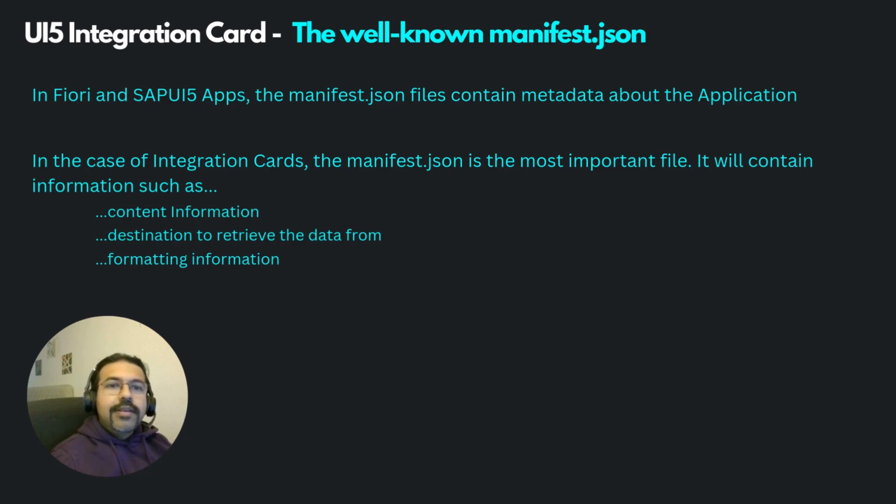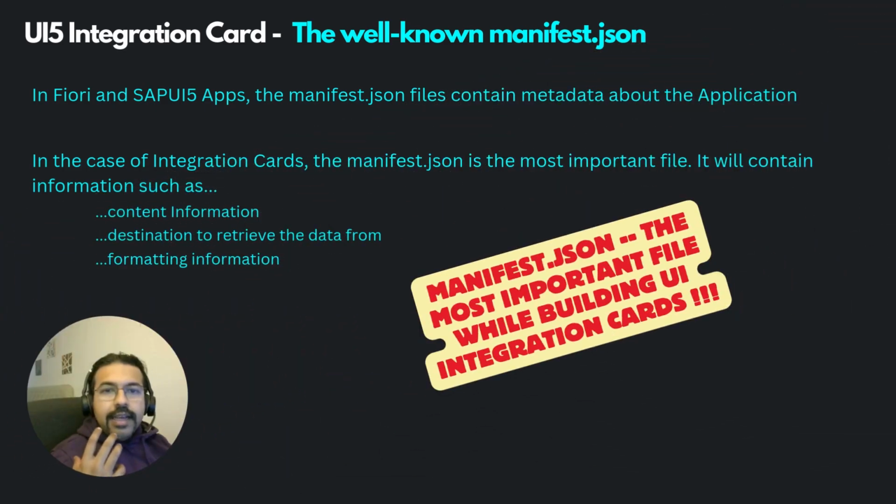For example, the destination that it is going to retrieve data from, or the content of the card itself, any formatting of the data on the card, etc. All of this information is going to be stored in the manifest.json file. So this manifest is really the heart of your integration card. And when we say set up an integration card, what we actually mean is set up your manifest.json file.